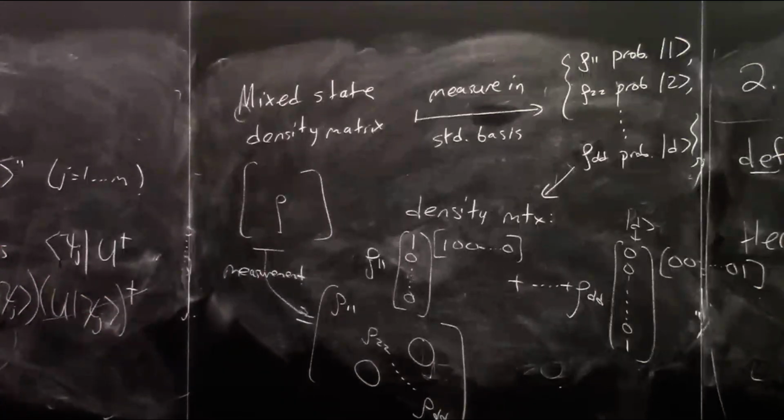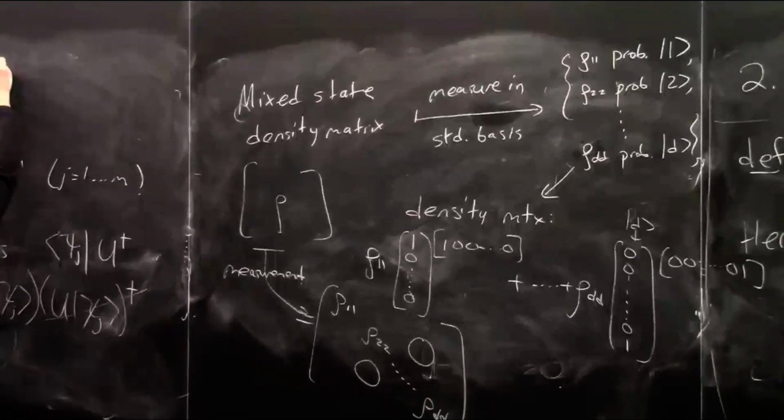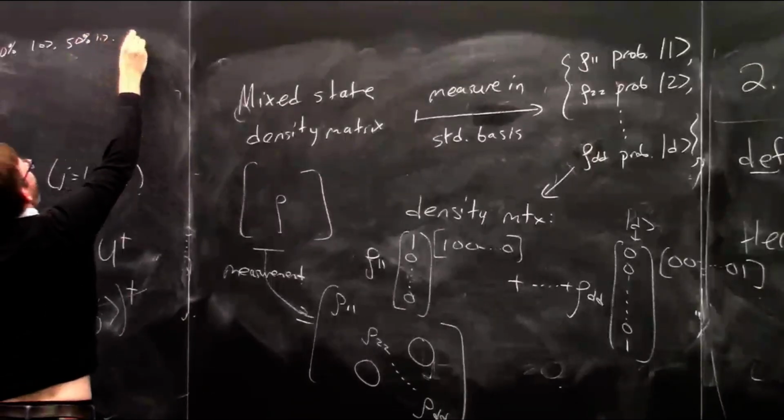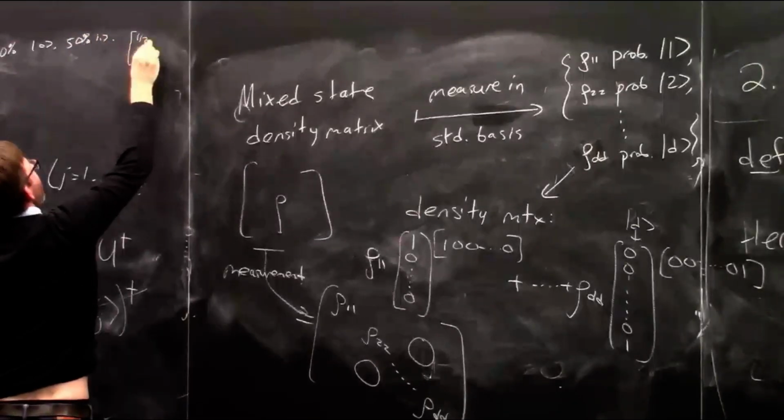Two mixed states that have the same diagonal entries will have all the same measurement probabilities if you only measure them in the standard basis. But they can potentially be distinguished by measuring in other bases, or alternatively, doing a unitary transformation to them and then measuring. In fact, exactly the scenario that we talked about before, 50% 0, 50% 1, has this density matrix.